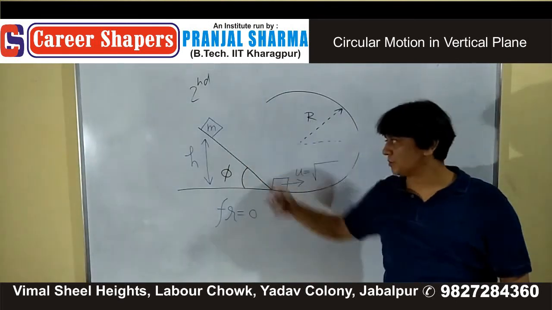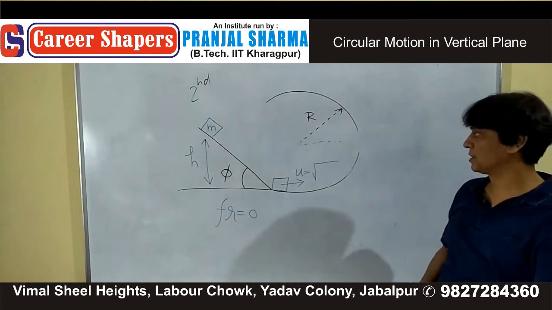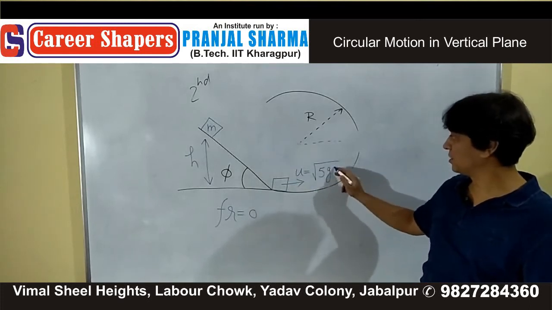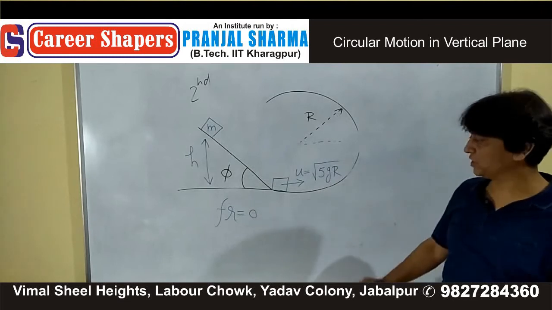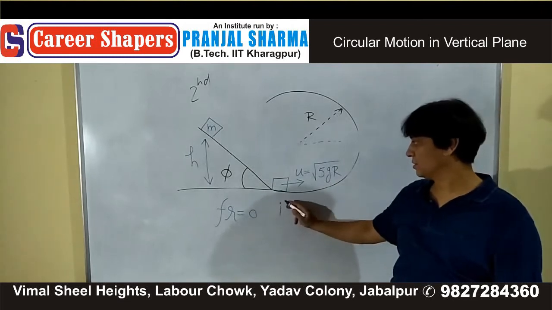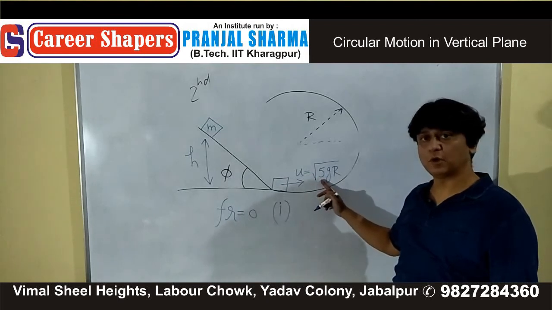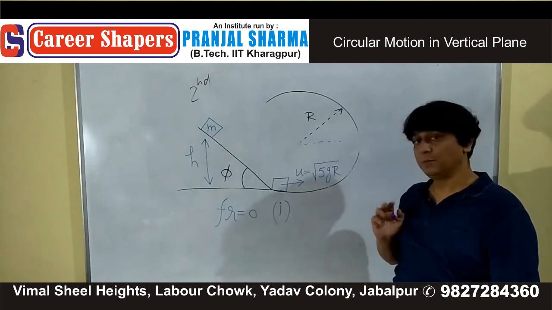So, when this object slides down, the velocity at this point should be root 5gr. That's your first method. U should become root over 5gr.